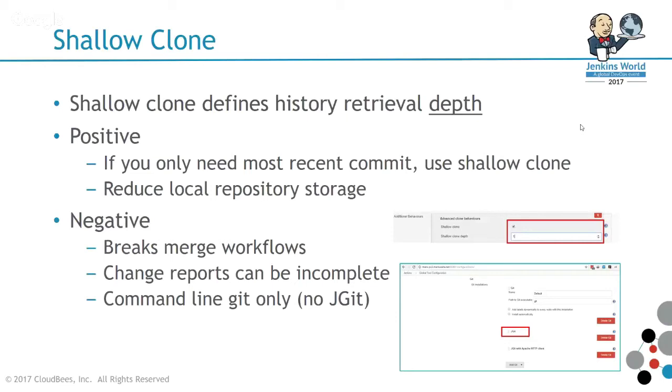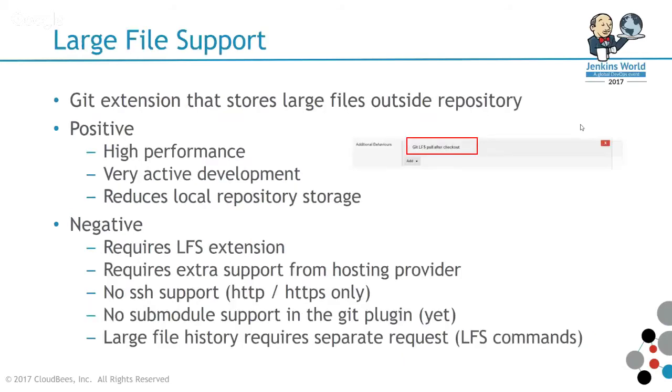So shallow clone gives us depth coverage. Narrow Refspecs control breadth. And then there's one more tool in your arsenal to reduce the load on your remote server. Some Git implementations have an extension which allow them to store large files outside the repository. That includes GitHub, that includes Bitbucket, includes Gitty.